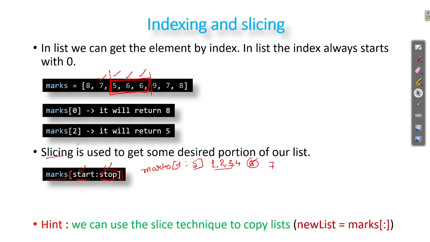So this will return 7, 5, 6, 6. Keep in mind, a new list will be created. Inside that list these values will be put and a new list will be returned, so that we can assign it to a new list if we want. Okay, new list is equal to this.